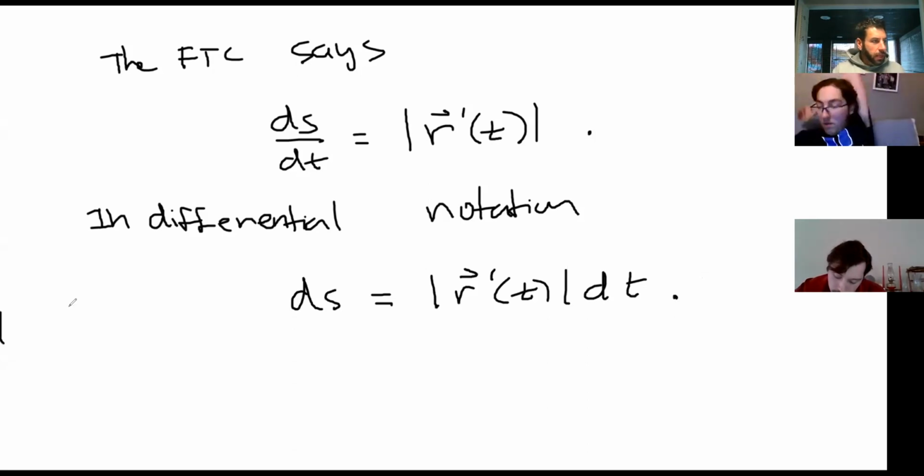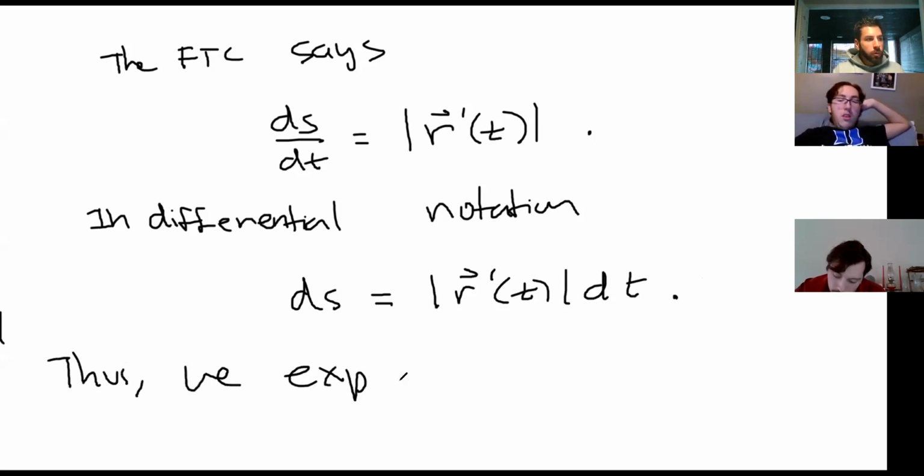So what does this mean? What do we expect?